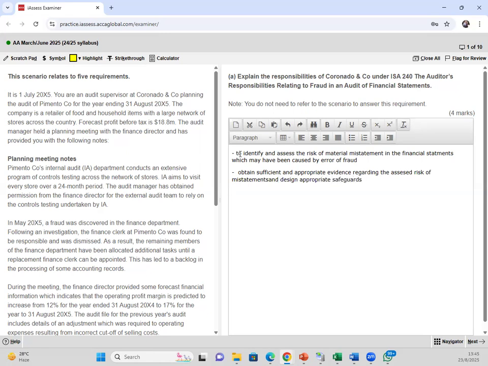So the first thing, you identify where there may be errors, where there may be misstatements. So you identify the risk as an auditor.